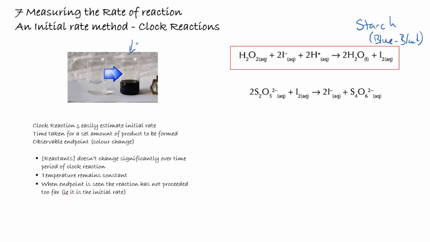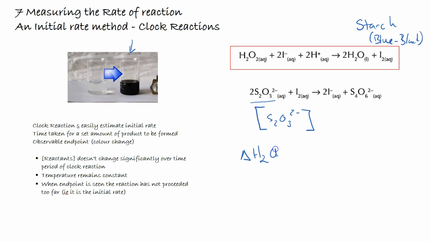Now, in order to ensure that we get to the same endpoint each time, we add a certain amount of thiosulfate. We keep the concentration of thiosulfate constant, and this then consumes a given amount of iodine, preventing the solution turning black. So our thiosulfate concentration is constant and consumes a certain amount of iodine, ensuring that we always get to the same point for the initial rate of reaction.